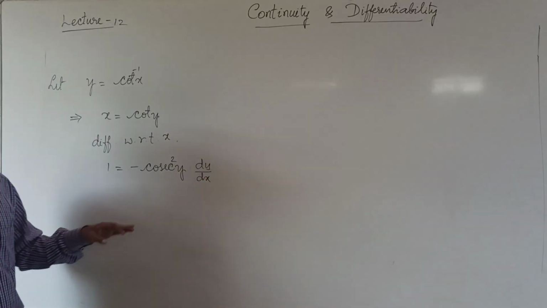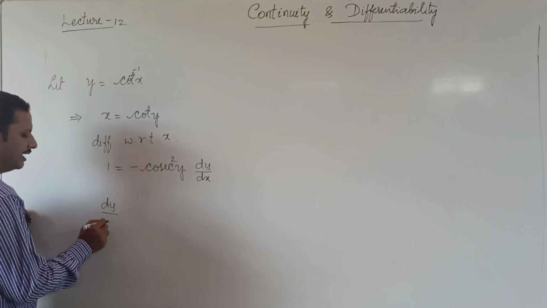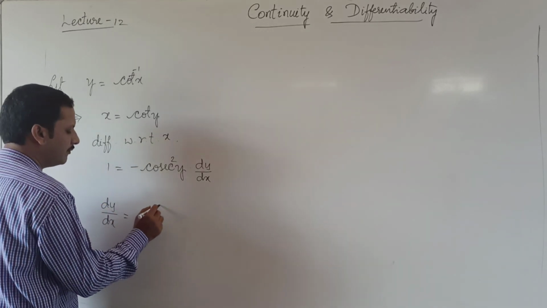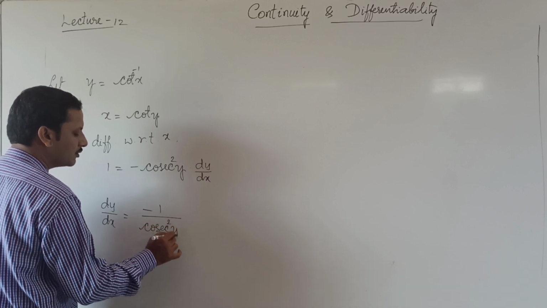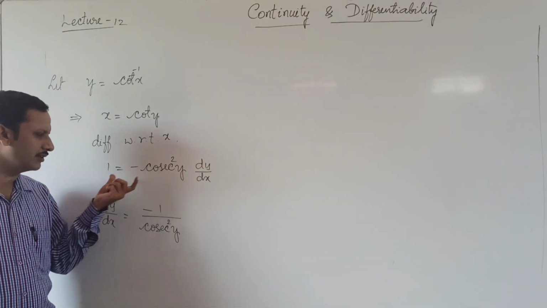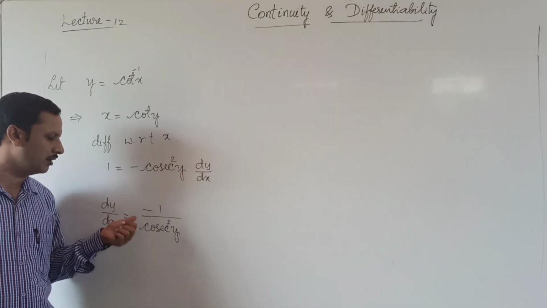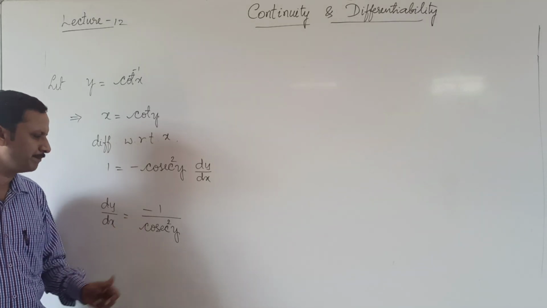This will give us dy by dx is equal to minus 1 by cosecant square y.